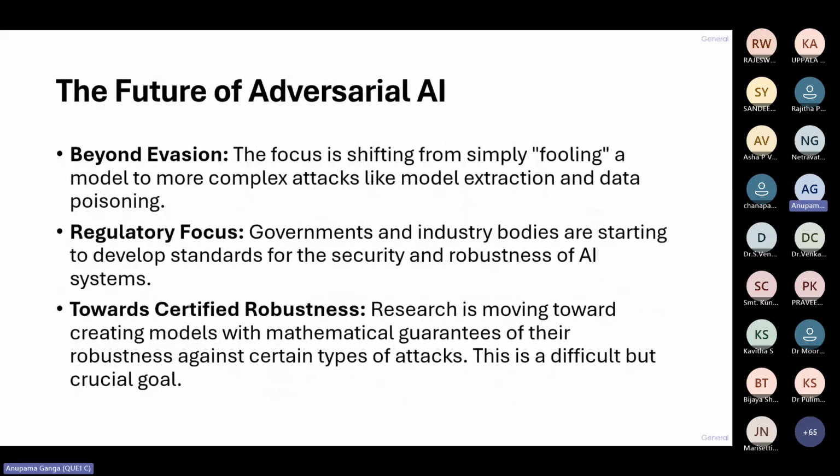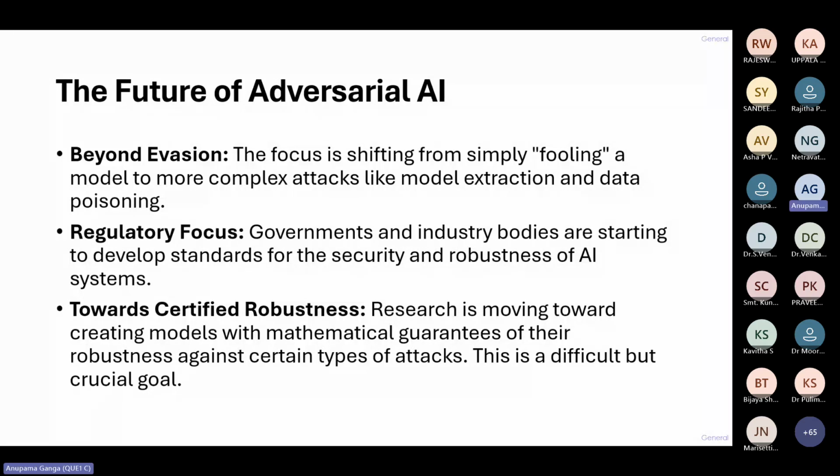So considering all this, what is the future? Okay. So the focus is shifting from simply fooling to more complex attacks, like data poisoning. I think that is a bigger threat, right? By poisoning the data, the model itself will be trained incorrectly, right?